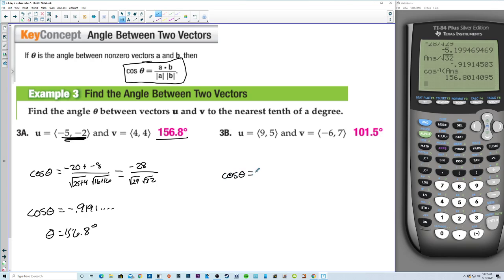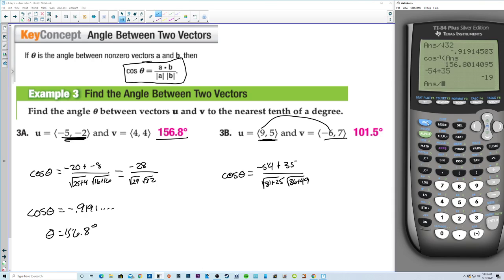Cosine of theta is equal to the dot product. So negative 54 and then plus 35 over the square root of 81 plus 25. That's the magnitude of u. And then square root of 36 plus 49. So let's have the calculator do the work here. Negative 54 plus 35.